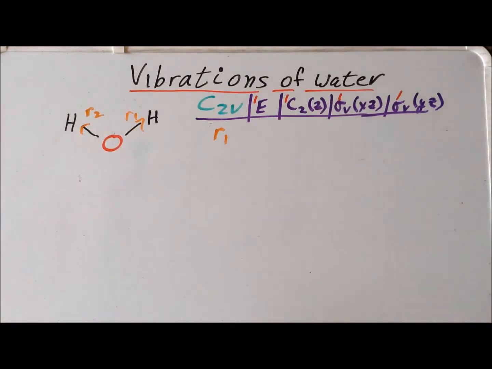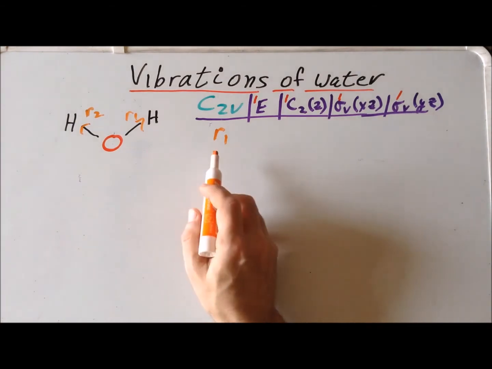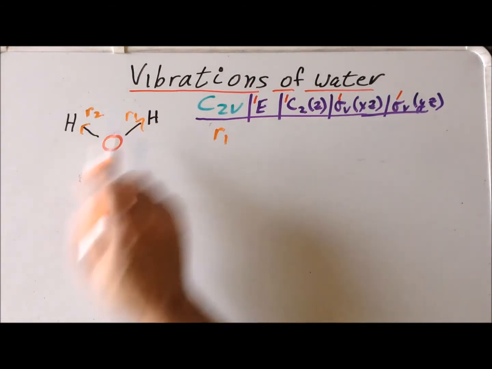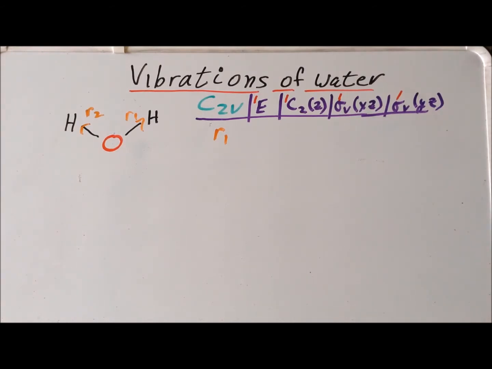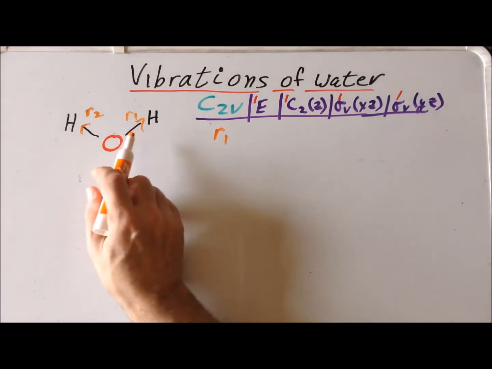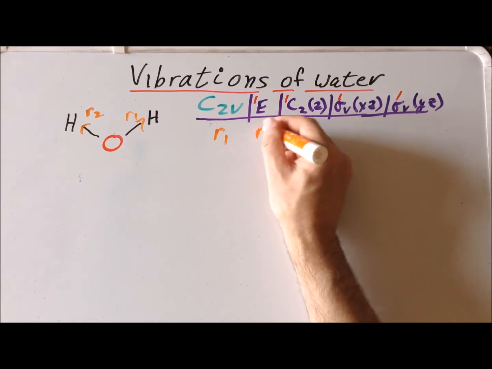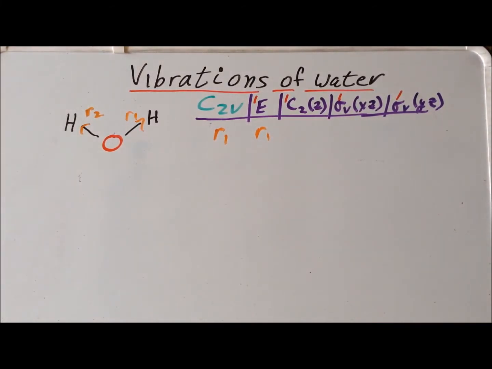So we say that these are symmetry equivalent. So we want to see what happens to a typical member, which is R1, under the various symmetry operations of the group. So for example, under the identity, R1 stays where it is, which is what the identity does. It turns to R1. If we do a C2 operation, remember that our C2 axis was along here, that flips the molecule over, so R1 turns into R2.